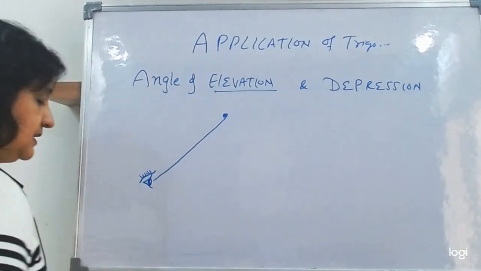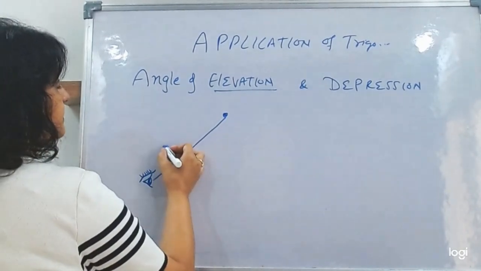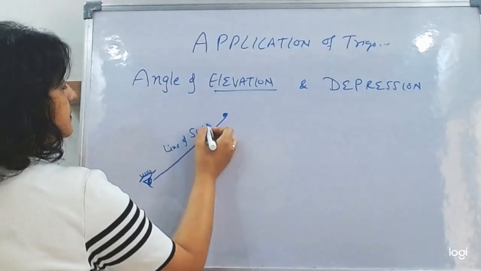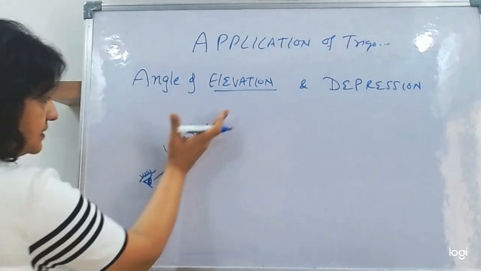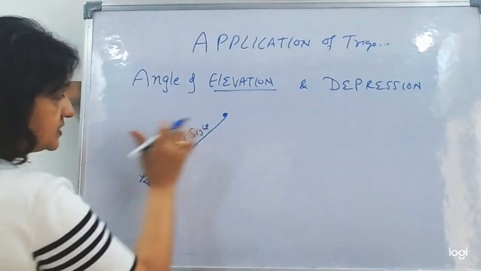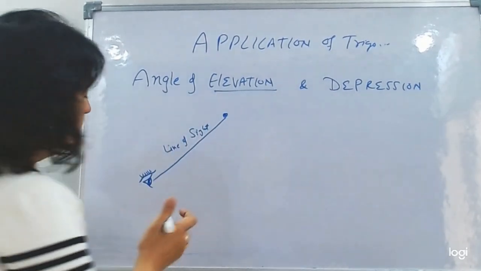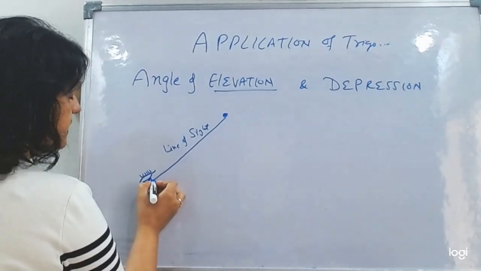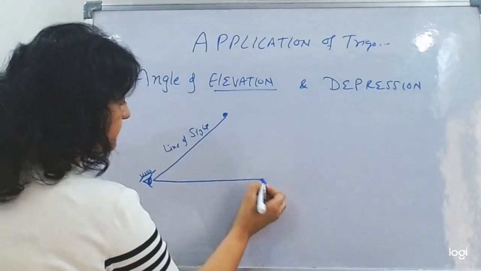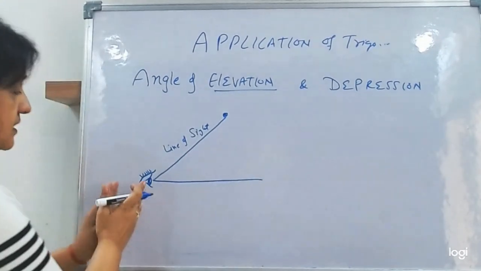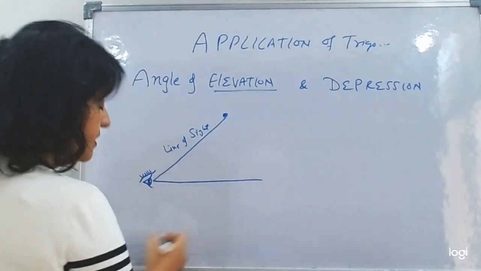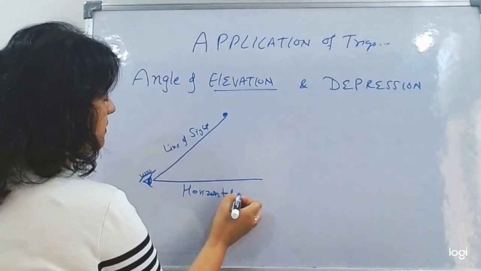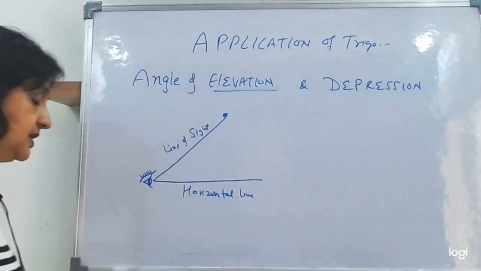Okay. Then this is the line of sight. Through this line, this person is able to see this object. Then this horizontal line from the eye level is called the horizontal line.